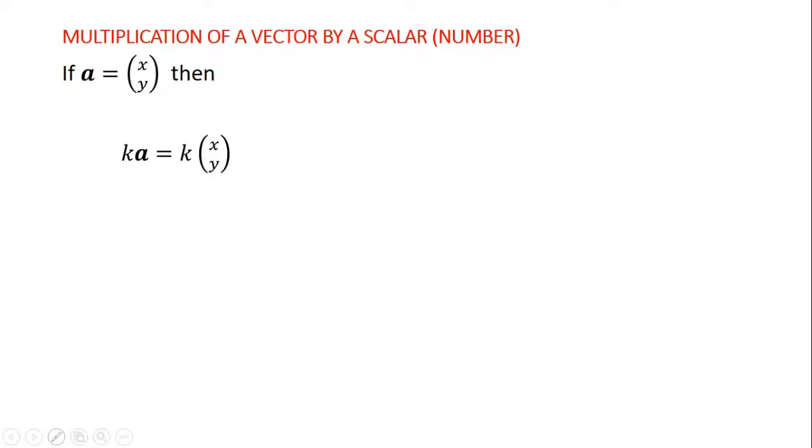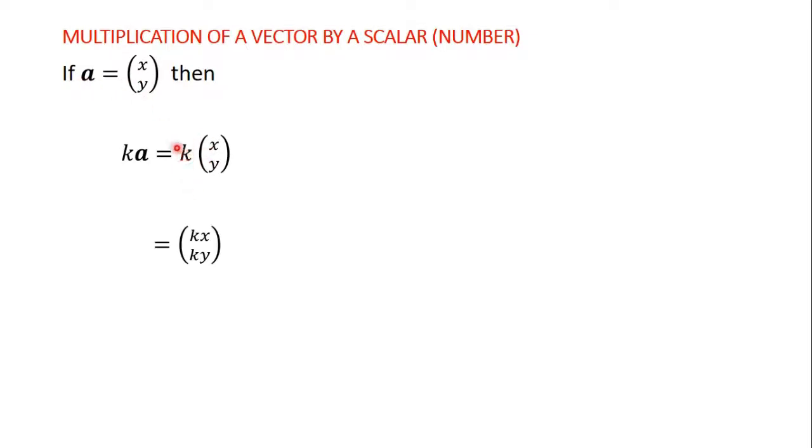So let's say that we have this vector here, vector A, and it's giving us (x, y). Then kA, that is k times A, where k can be any number. That means k is multiplying the vector A, giving us (kx, ky). Remember that x, y are the components of vector A. So how do we do this?